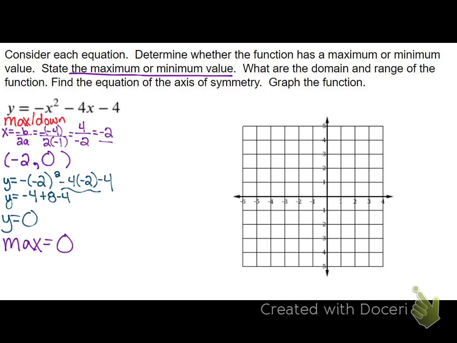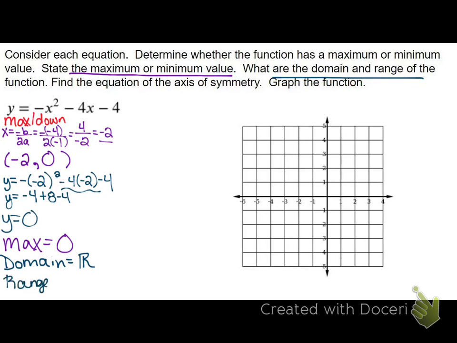Okay? The next thing it's asking is to determine the domain and the range of the function. So what's the domain? Domain is all real numbers. Very good. And the range?